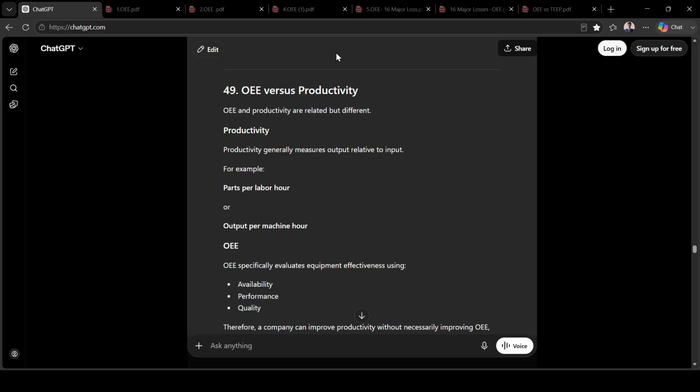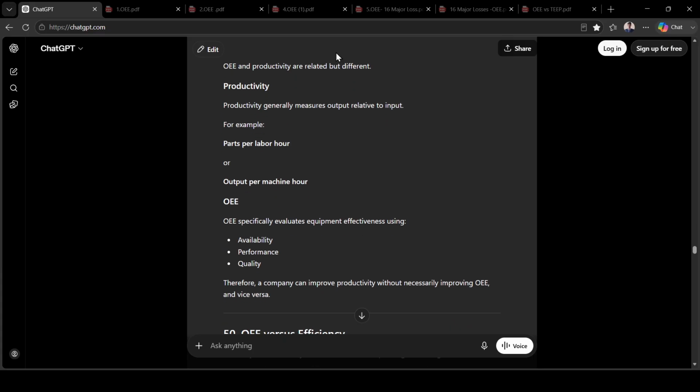For example, parts per labor hour, or output per machine hour. OE specifically evaluates equipment effectiveness using availability, performance, and quality. Therefore, a company can improve productivity without necessarily improving OE and vice versa.